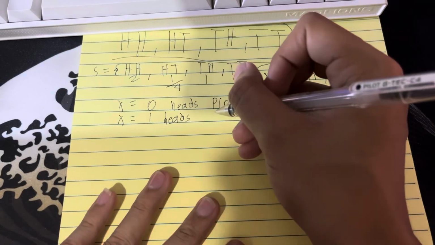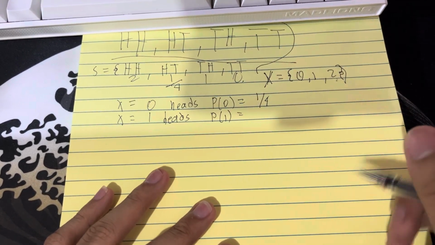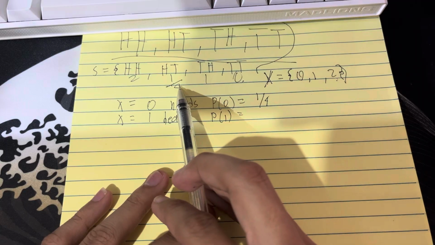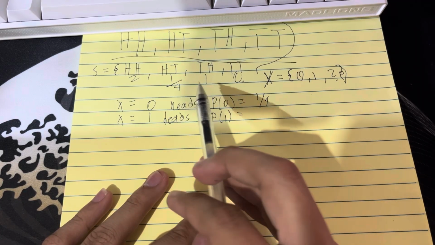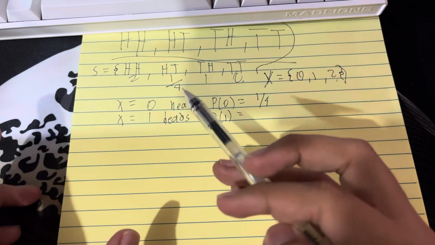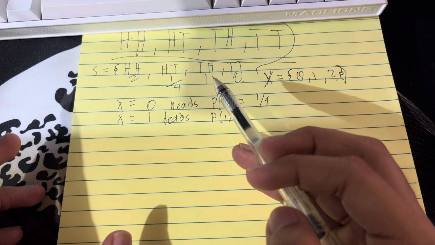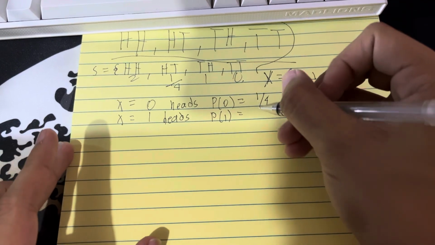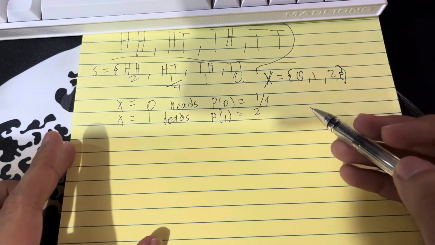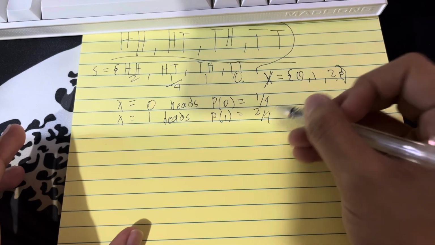Now, what if x is equal to 1 head? P of 1. Well, here you can see that there are 2 possibilities in which you can get 1 head. So you put 2 over all possibilities, which is 4.